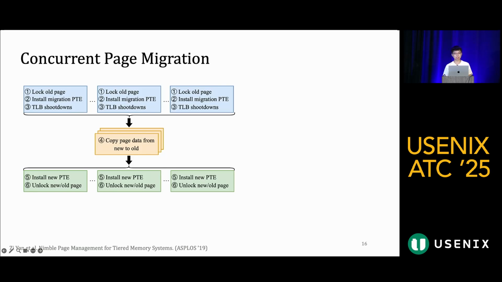Inspired by Nimble, we reconstruct the migration logic. Instead of migrating pages one by one, we first complete steps 1, 2, 3 for all pages, then perform step 4, the data copying, in parallel. And finally, finish the remaining steps for all pages.